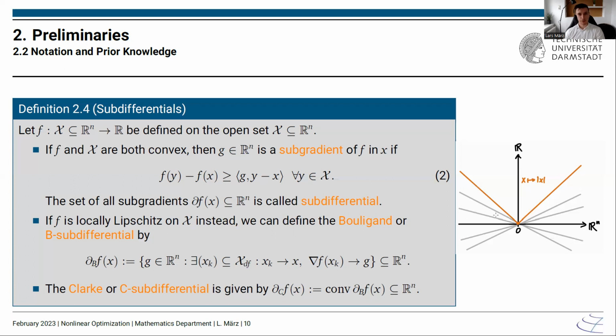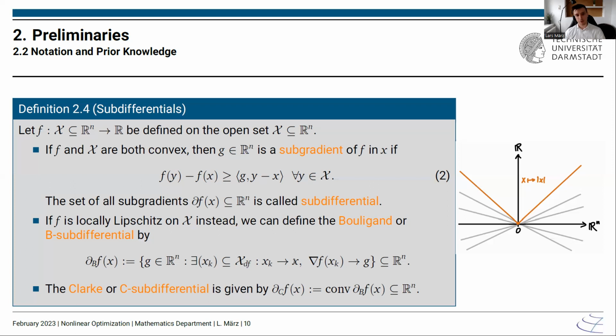Then we also have the B-subdifferential, with B standing for Bouligand, and it means that you have a sequence of points in the set of differentiable points which approaches some point x. And then looking at the corresponding gradients, they have to converge to g.